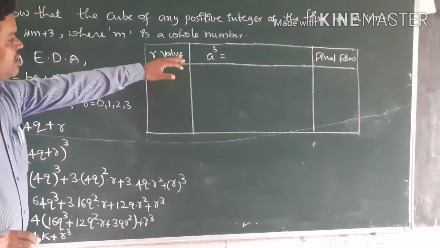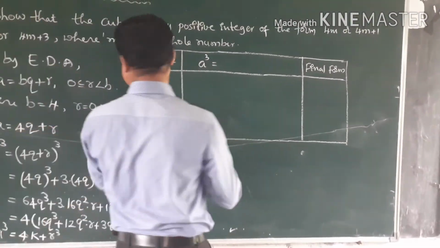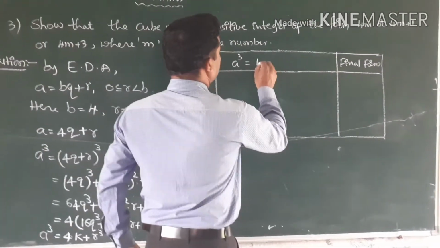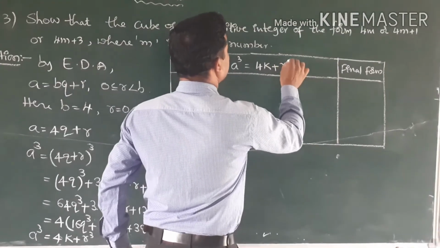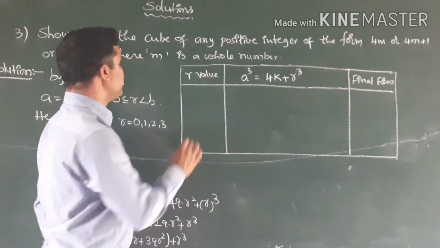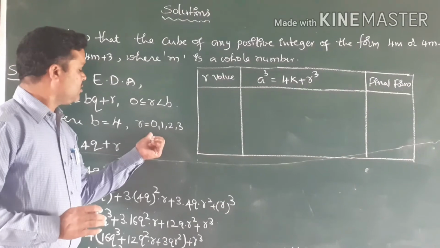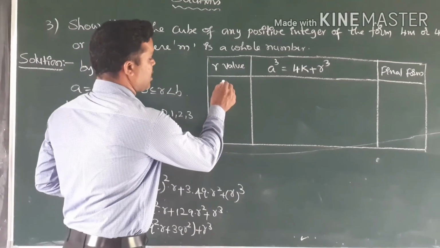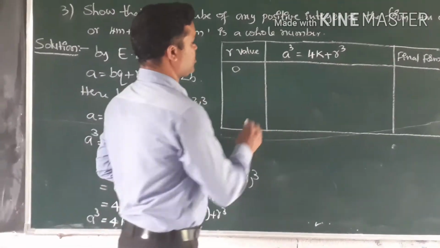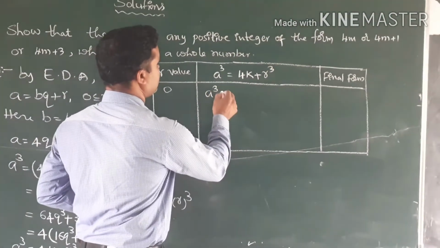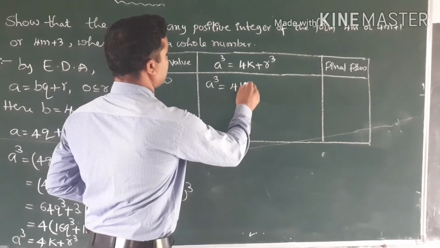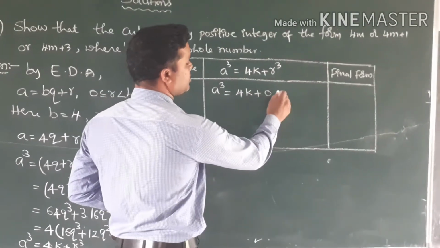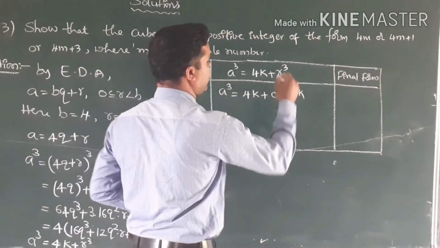Now define the general form. a cube is equal to what we got, 4k plus r cube. The r value, as we defined, is 0, 1, 2, 3. Now take r as 0. Substitute: a cube is equal to 4k plus 0 cube, 0 cube is nothing but 0, that is 4k.